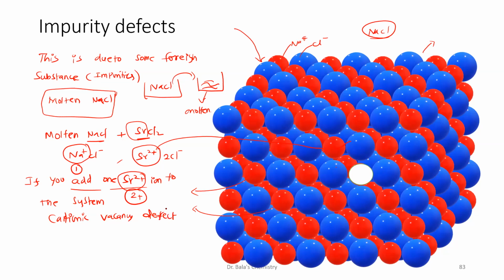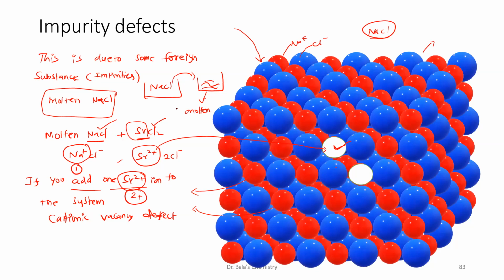Is that clear or not? Able to understand this or not? Very simple. Molten NaCl is taken and then a small amount of strontium chloride is added. Na has only 1 positive charge, Sr has 2 positive charges. If I add 1 Sr2 plus, charge neutrality should be maintained in the crystal. That's why 2 Na plus has to come out.